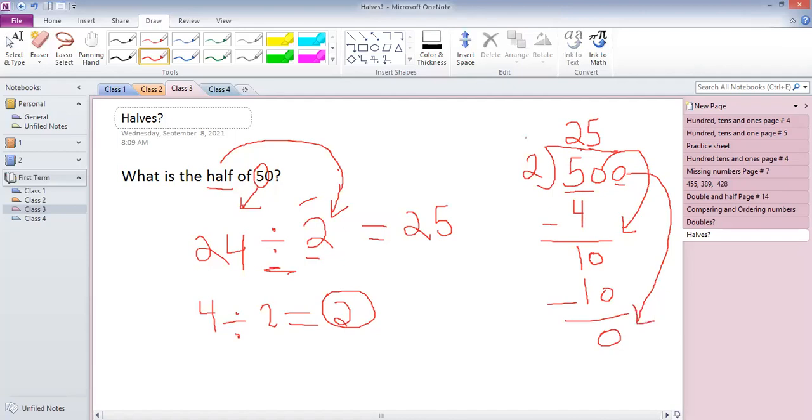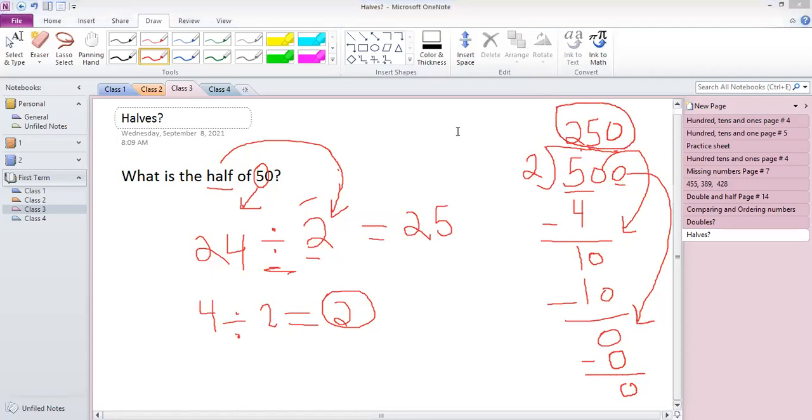And you will check the table of 2. 2 multiplied by what will give you 0? 2 multiplied by 0 will give you 0. So the answer is 250. 500 divided by 2 is 250.